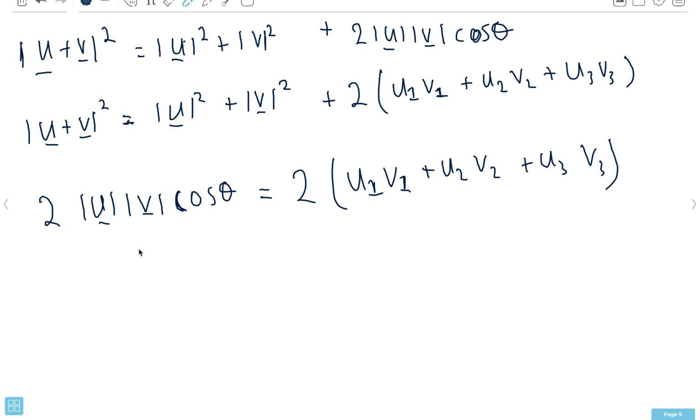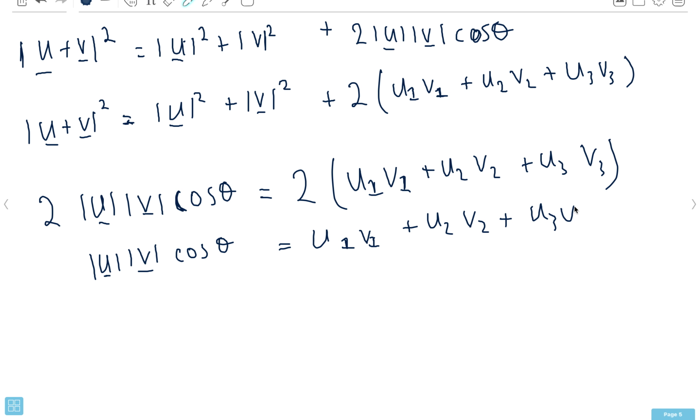Now the 2s cancel out and we have mod u mod v cosine theta is equal to u1 v1 plus u2 v2 plus u3 v3.